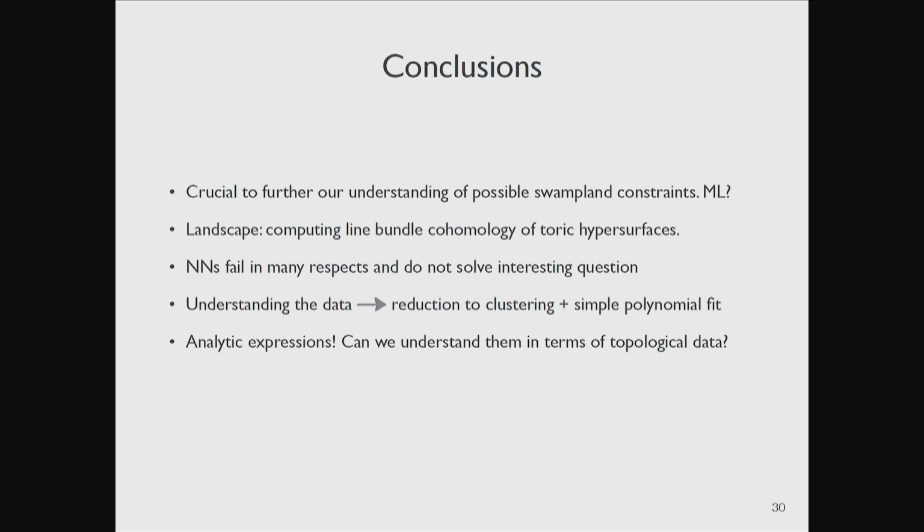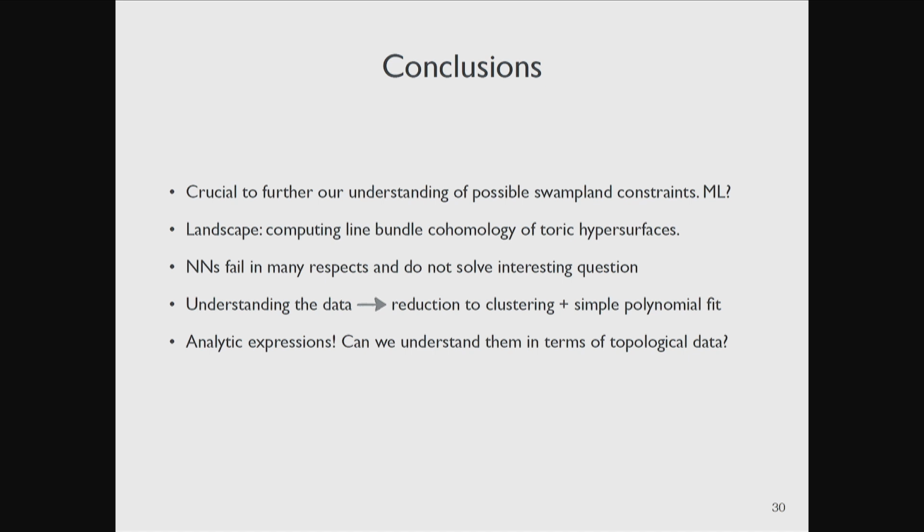Okay, so conclusions. The first part of the talk: I think it's very important to understand these Swampland constraints properly. And the question is, can we use machine learning for that? It's not clear, because there are more serious doubts on these claims than just checking them in some examples. We focused here on computing line bundle cohomologies, which I classified as one of the landscape type approaches to the string landscape.